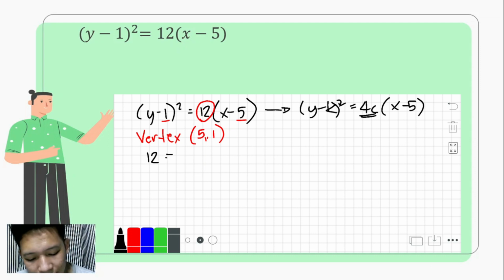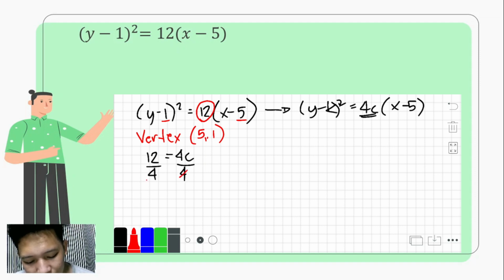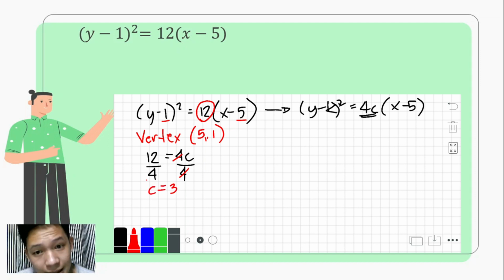Hence, 12 ay equal kay 4c. And for us to get the value of c alone, para makuha natin yung focus, then we simplify this. Hence, the value of c is 3.